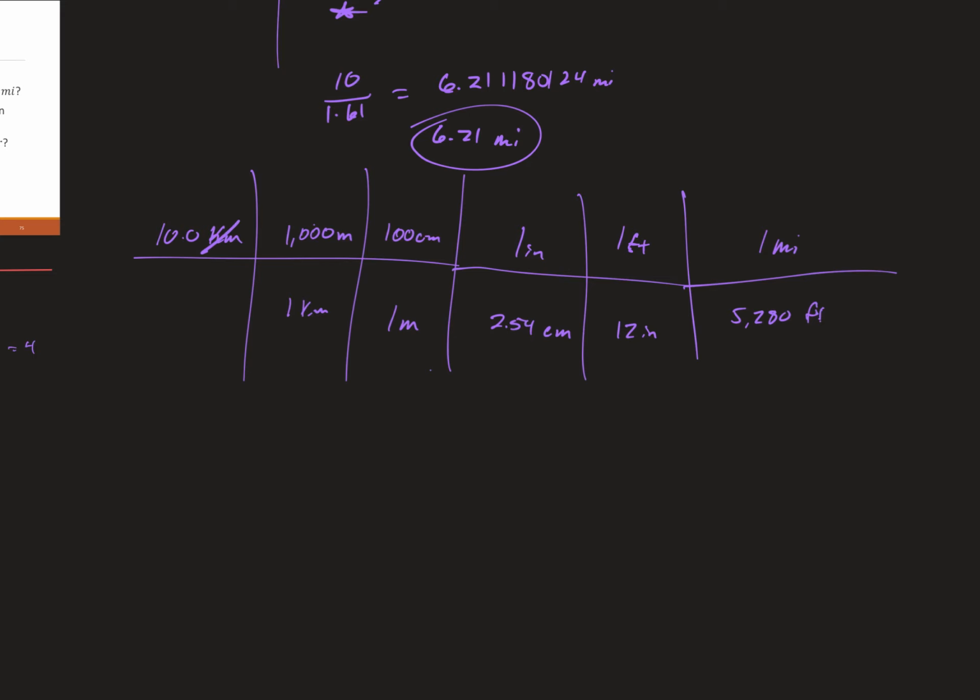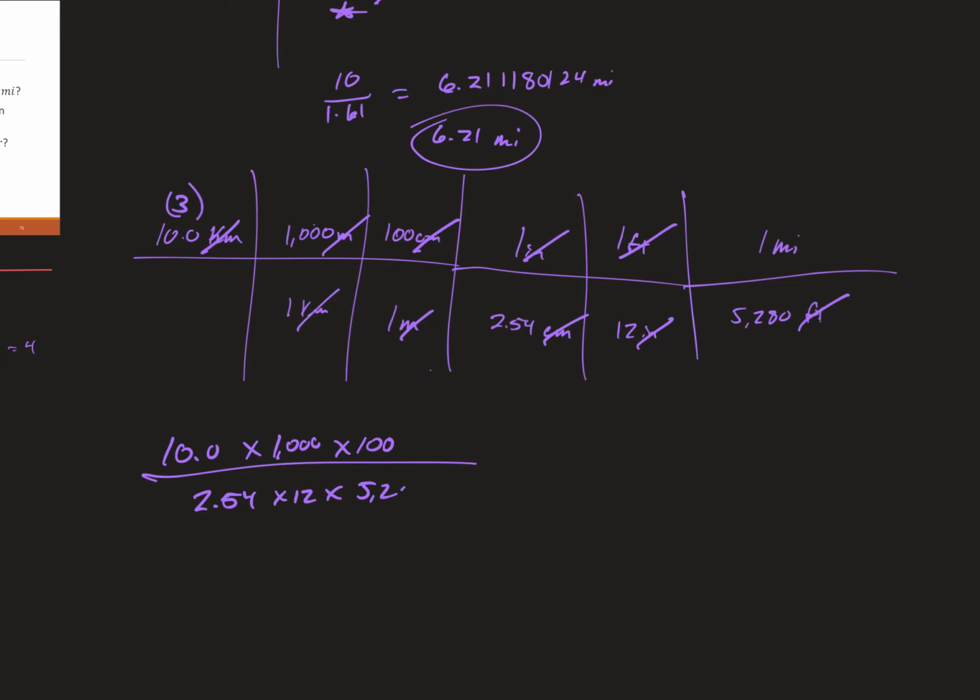All of these are infinitely many sig figs. All the units cancel out, leaving us with miles, except this has a measured value with 3 sig figs. So we get 10.0 times 1,000 times 100 divided by 2.54 times 12 times 5,280. All right, so 10 times 1,000 times 100 divided by 2.54 divided by 12 divided by 5,280.